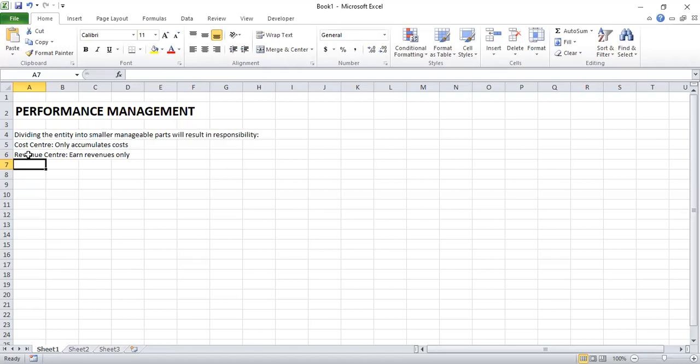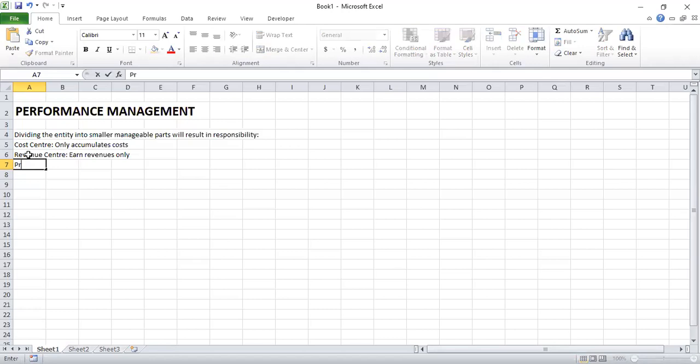So their salaries and costs will be under HR. Then the marketing team will be judged based on the revenue generated. A revenue center is responsible for earning revenue for the entity, so we judge them based on the revenue earned.